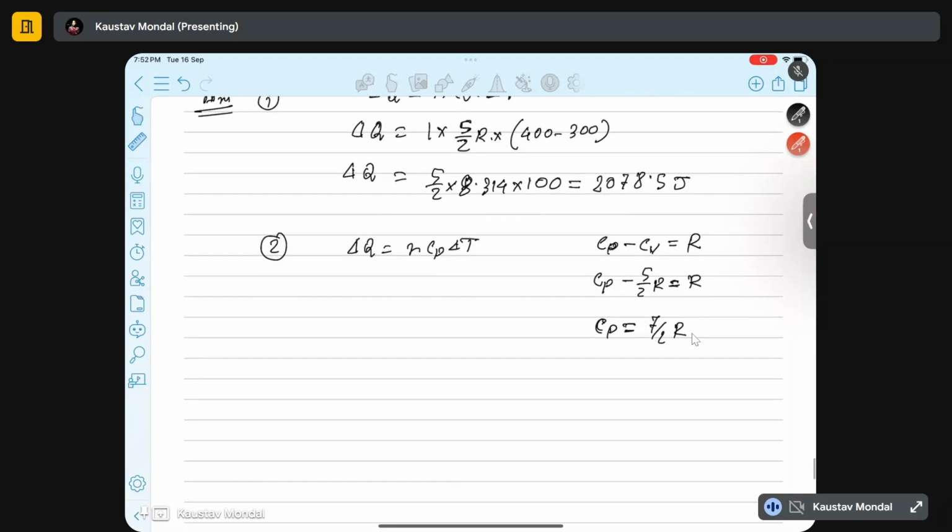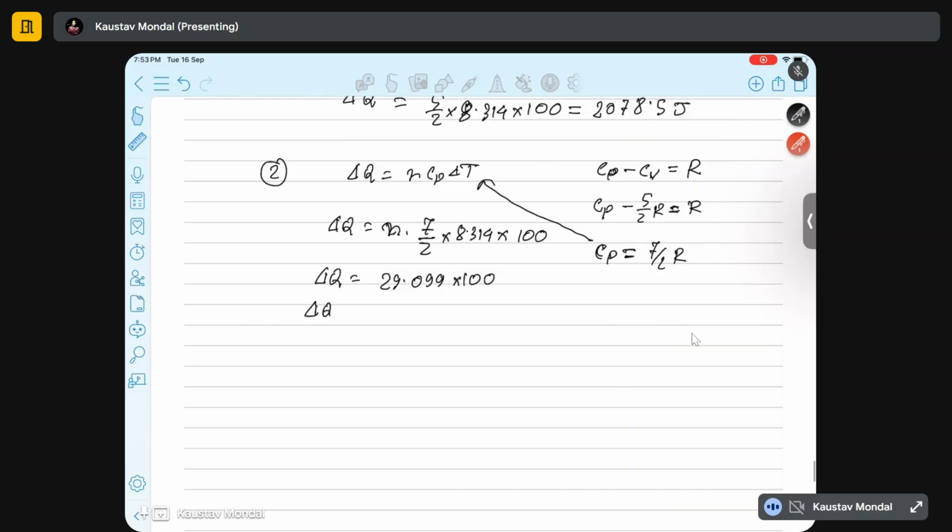Now if you substitute Cp into the expression of delta Q, delta Q is n into 7 by 2 into 8.314 into 100. That gives 29.099 into 100, so delta Q is 2909.9 joule. This is how you can calculate.